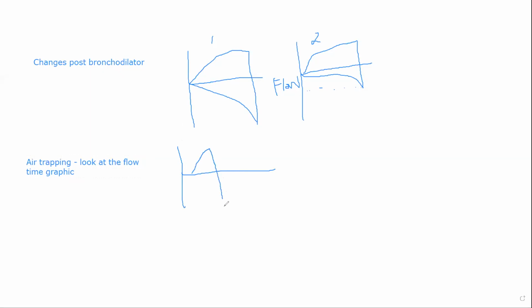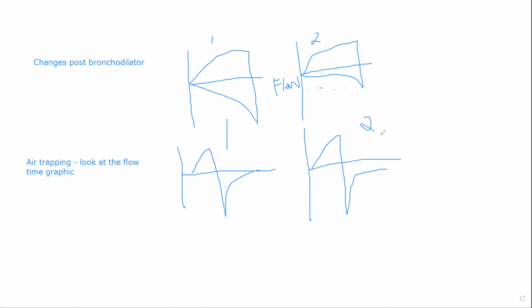Air comes back out. Air goes in. Air comes back out. All right, so I drew 2 breaths. Of the 2, which one shows air trapping occurring? Number 1 or number 2?